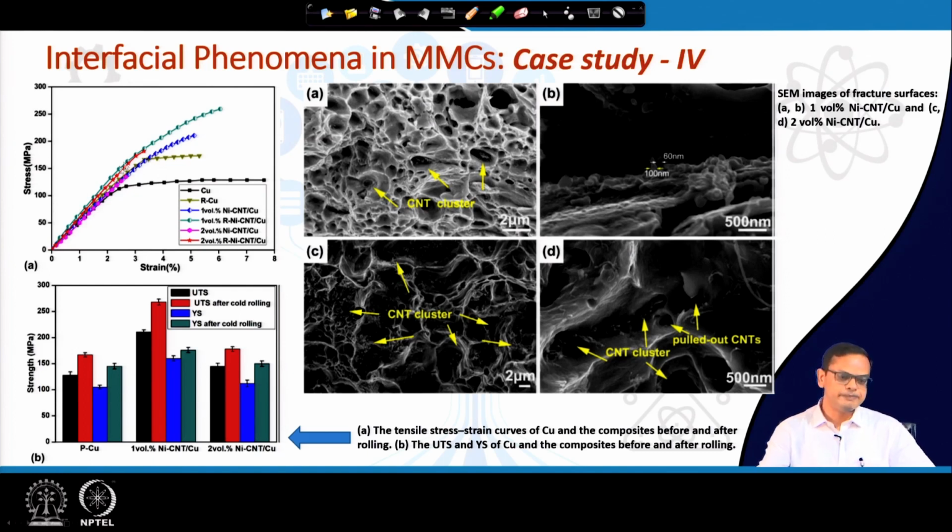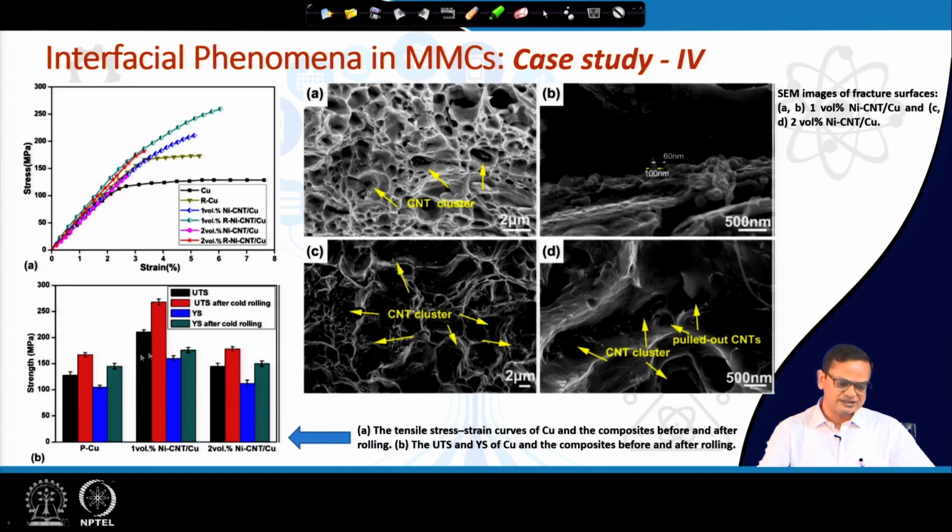So, that is why you see that when you have 2 volume percent CNT, whether it is rolled or not rolled does not matter. In both cases you can see the strength has been decreased, and you can see that here as well. If you look at this histogram plot, this is for pure copper, then 1 volume percent CNT copper, and then 2 volume percent CNT copper.